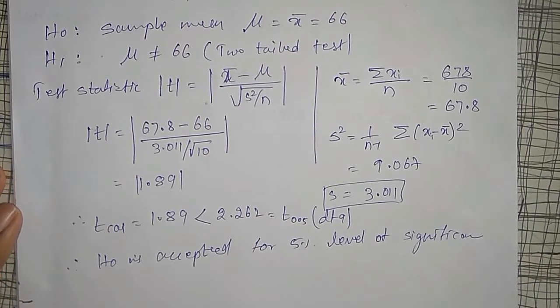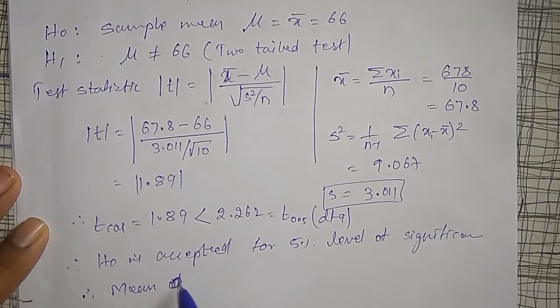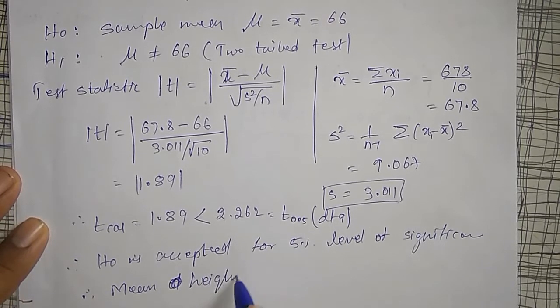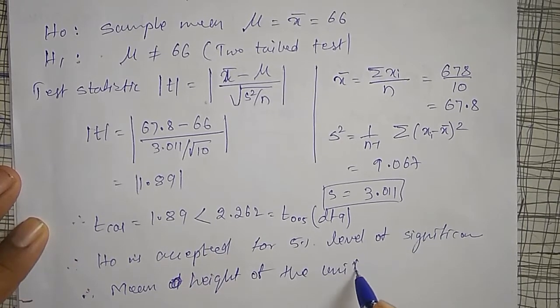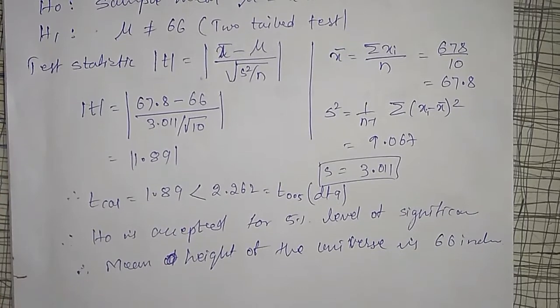Therefore, the mean height of the universe is 66 inches. Okay, like this.